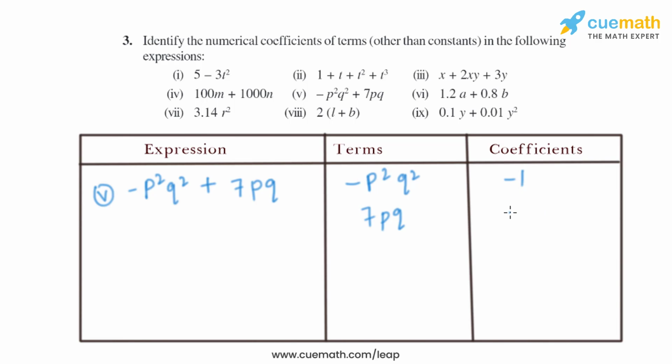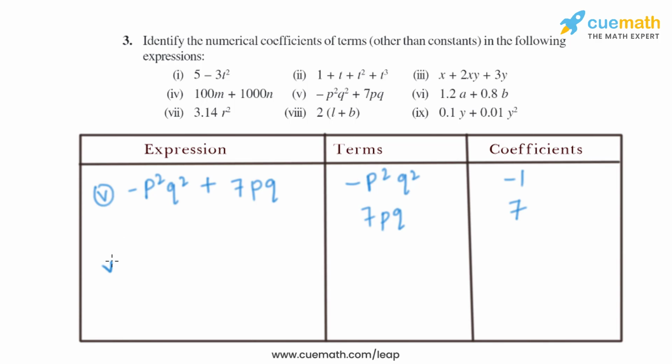As p and q are variables, minus 1 is multiplied by p square q square. So its coefficient will be minus 1. Similarly, in 7pq, p and q are variables. So we are multiplying with 7. So 7 is the coefficient of that as 7 is a constant term. Now let's move on to the sixth part.